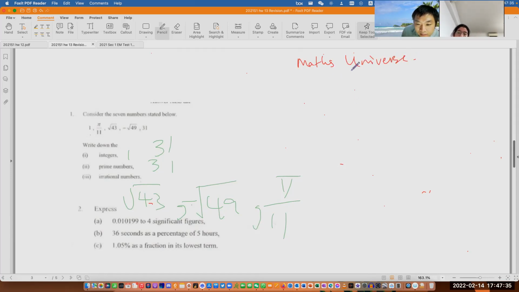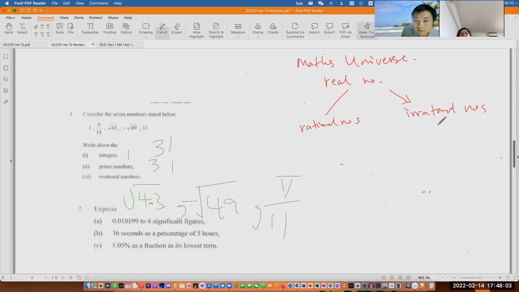In the mathematics universe, we have real numbers, and inside real numbers, we have rational numbers first, and then we have irrational numbers.